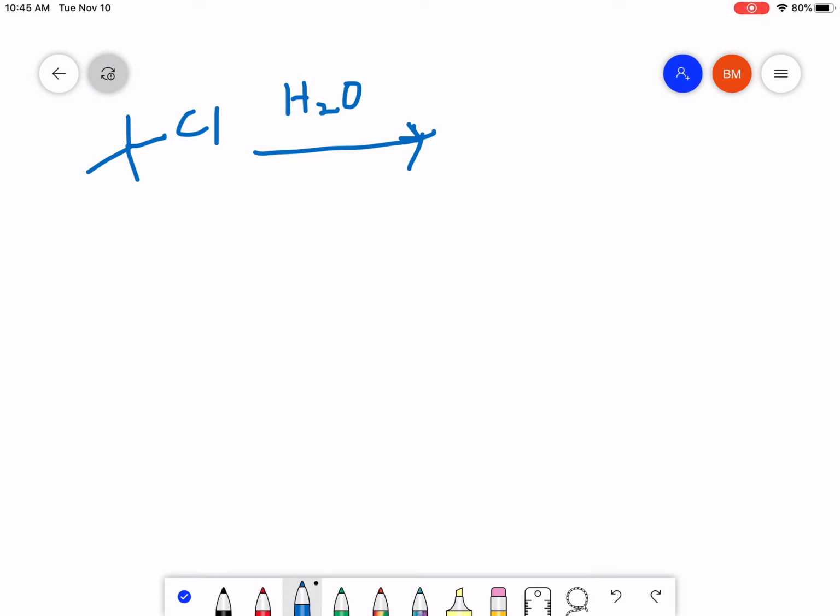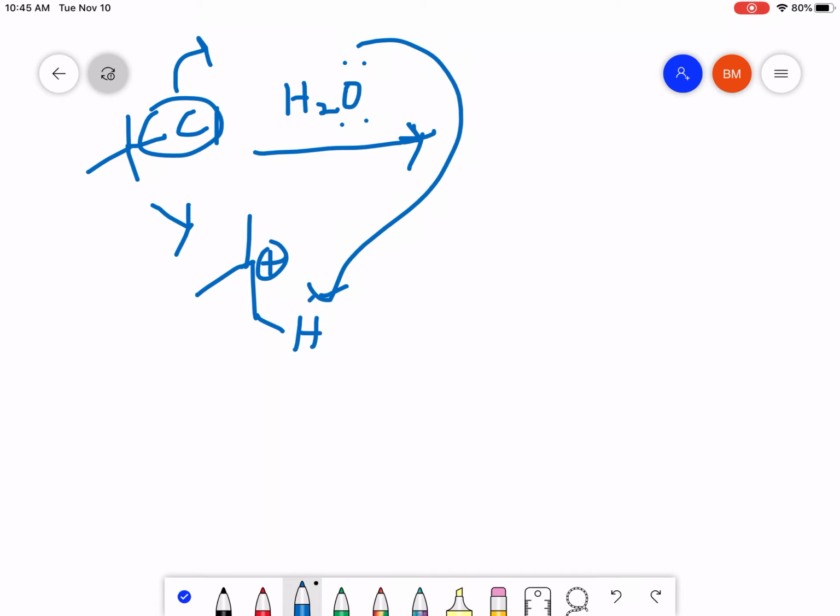They'll have some suggested bases. So the way this proceeds is that you lose the Cl, get your carbocation, water comes in, grabs that H, electrons make a double bond, and boom, you have your product.